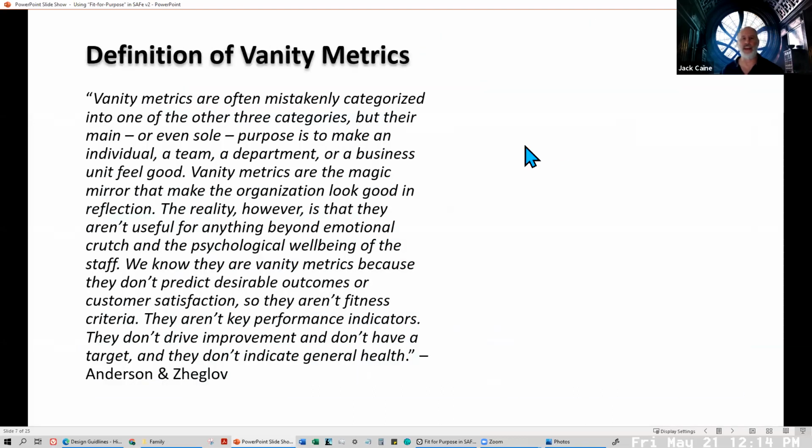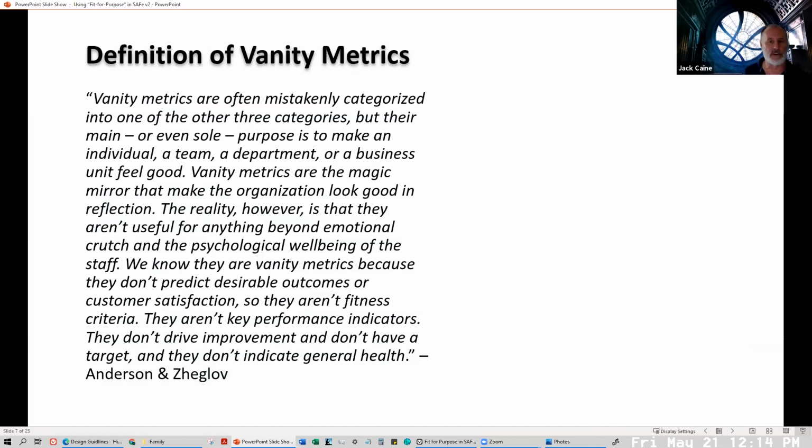So this is a definition for vanity metrics. Vanity metrics are often mistakenly categorized into one of the other three categories, but their main or even sole purpose is to make an individual, team, department, or business unit feel good. Vanity metrics are the magic mirror that make the organization look good in reflection.